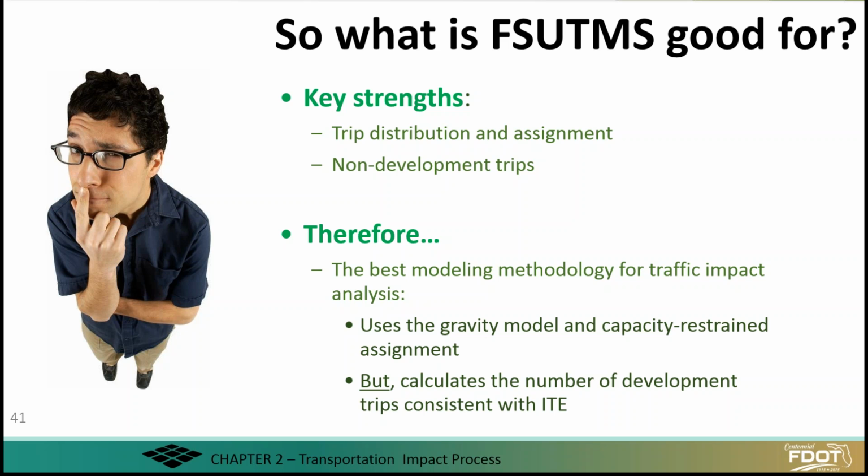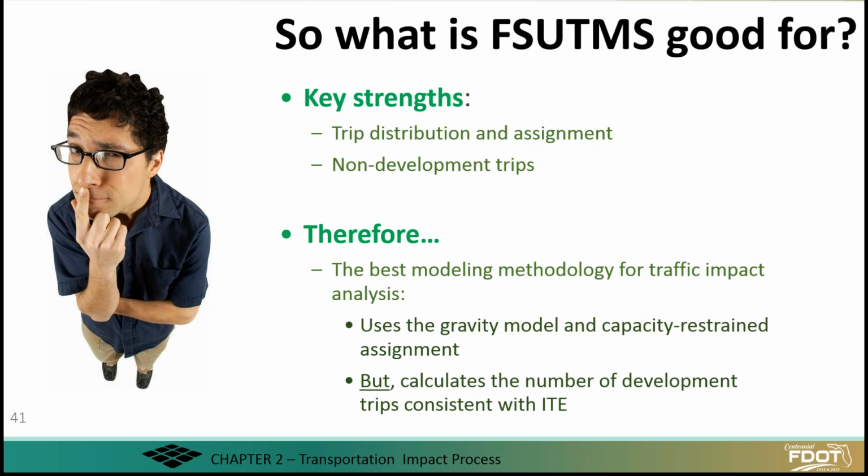So what is FSUTMS good for? Its key strengths are on those computationally intensive processes we discussed earlier, trip distribution and trip assignment, figuring out where all those trips that are being generated want to go and which roads those trips are going to take to get there.